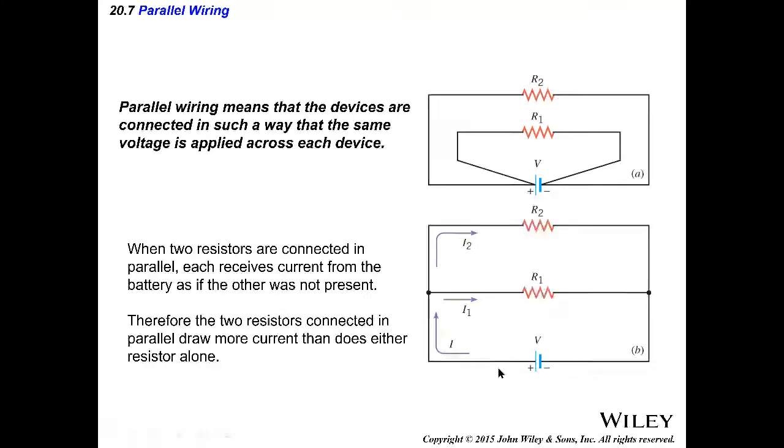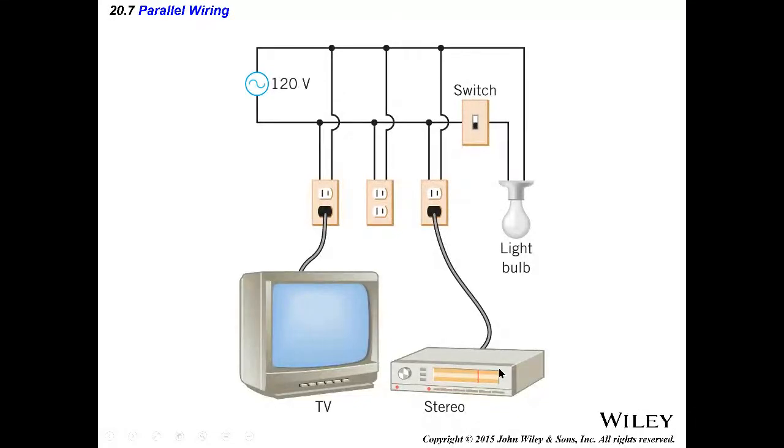So this then is what is called the parallel circuit. And there are many examples. You have your household where you have your TV, your stereo, your light bulb, and they all are parallel circuits. When you plug it in, this is your source, 120 volts.